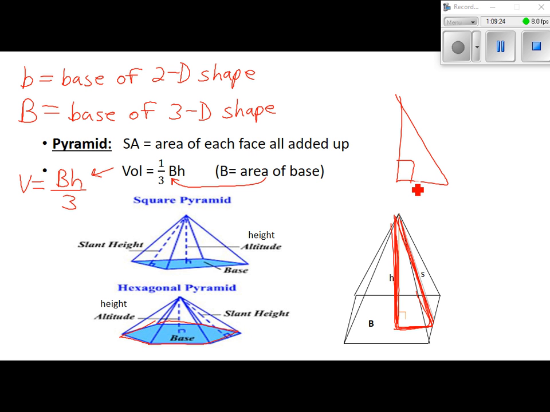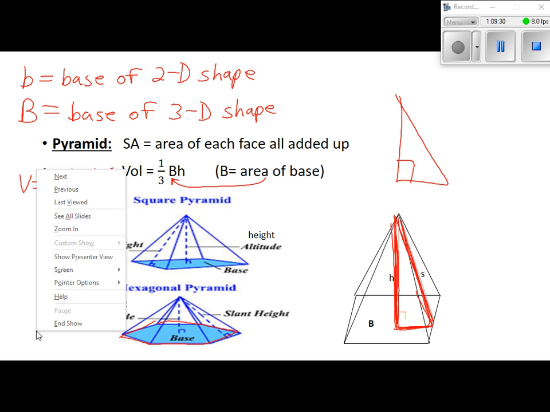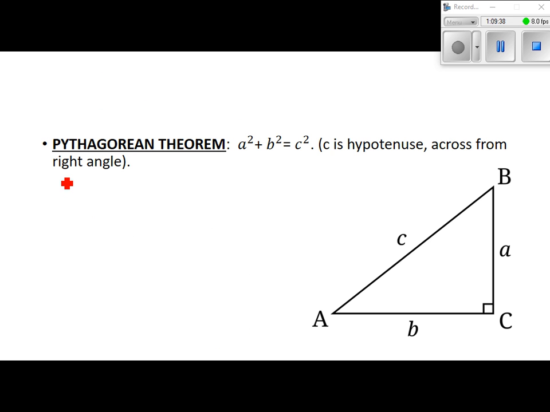You have a right triangle, how can you find one of the missing parts if you don't know it? Pythagorean theorem. That's what's next, the Pythagorean theorem: a squared plus b squared equals c squared.